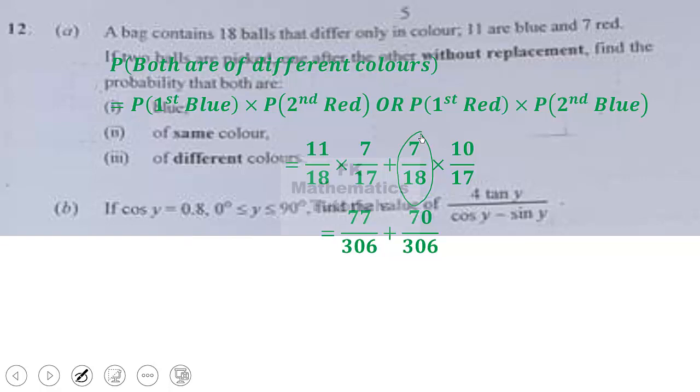So how many blues do we have? We have 11 blues. So 11 over 17. So this is supposed to be 77.